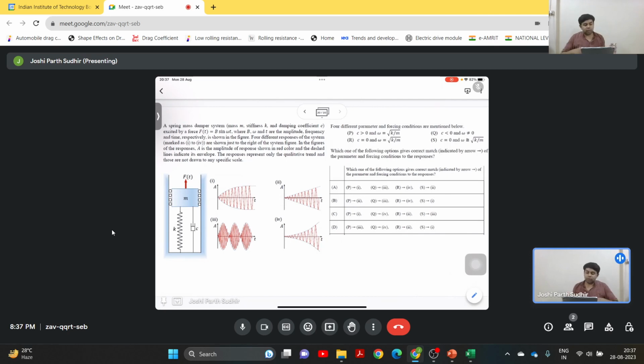With the force f of t, when the forcing frequency matches the natural frequency, energy will keep on being added to the system, but at the same time damping is also dissipating some energy.